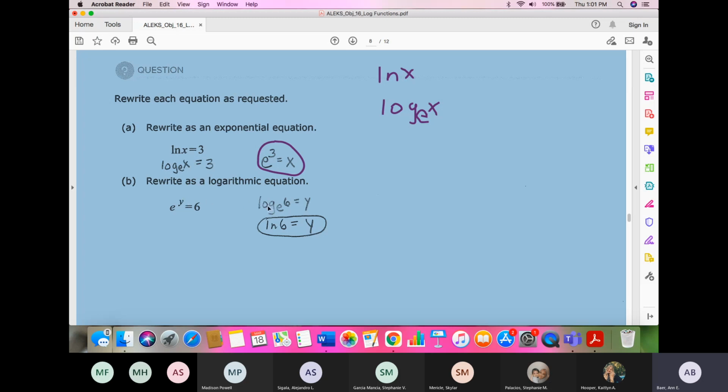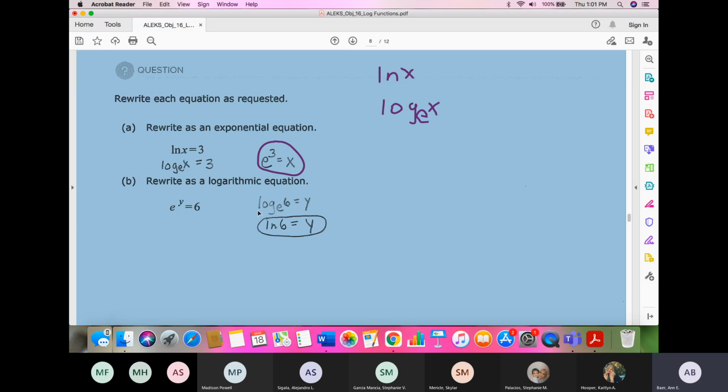Now we're talking about a log here, so an entire logarithm, all three pieces, is the exponent. So that means this exponent of y is going to end up on this other side. And what's left? We haven't dealt with this 6 yet, so the 6 is what's going to go in here.